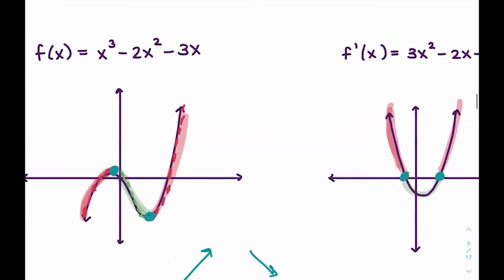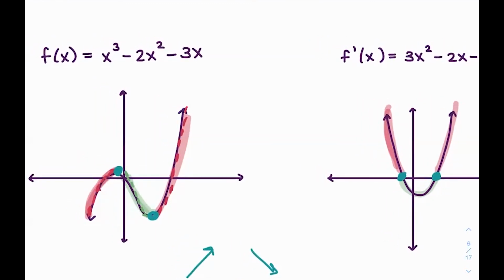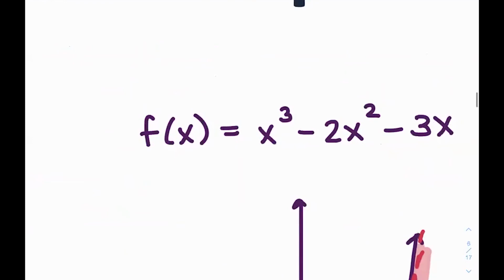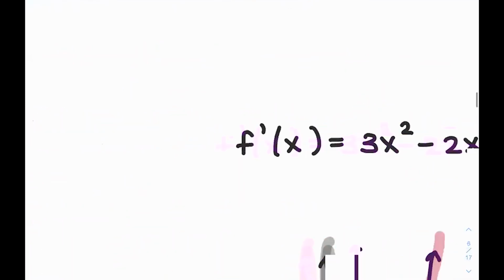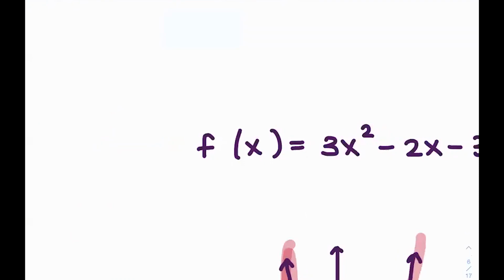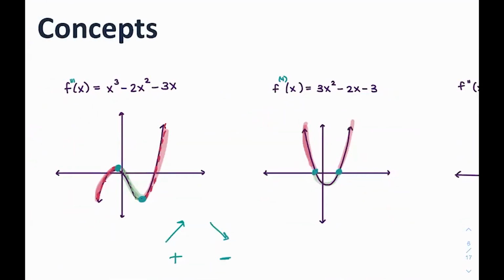So for instance, if I relabel this entire thing, and I say that instead of this being my original function, this is actually my third derivative, and then this would be my fourth derivative, everything that I just said is still exactly true.